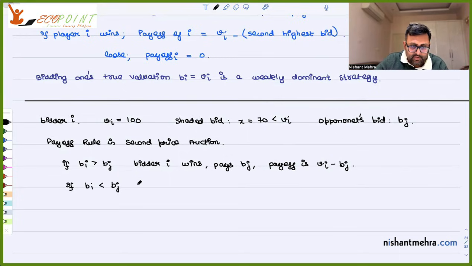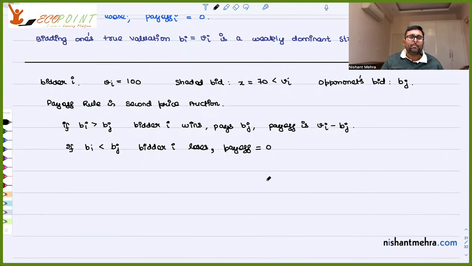If BI is less than BJ, bidder I loses, and his payoff is 0.